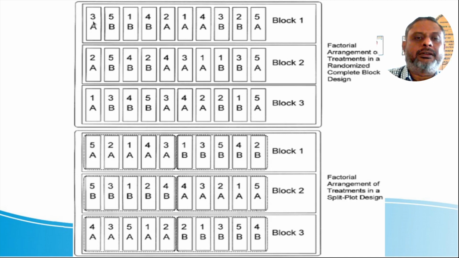So we can see that all possible combinations are used. So A with 1, A with 2, A with 3, A with 4, A with 5, same way B with 1, B with 2, all are possible. So in this case, A, B, A, B, A, B, all are used. 1, 2, 3, 4, 5, 1, 2, 3, 4, 5, all are used.